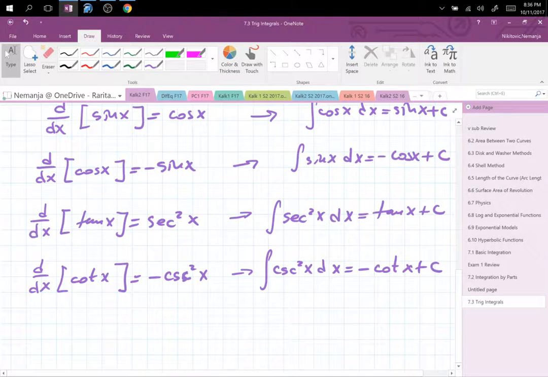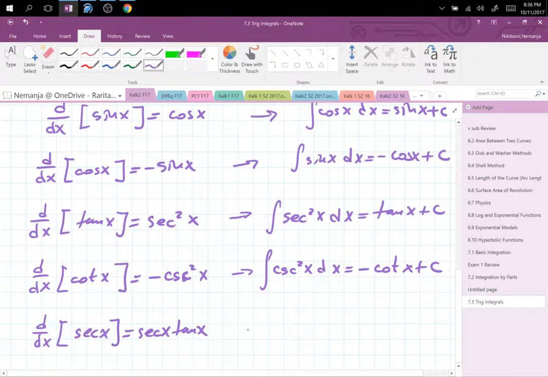Two more. The derivative of secant x is secant x tangent x, which means that the integral of secant x tangent x dx is equal to secant x plus c.